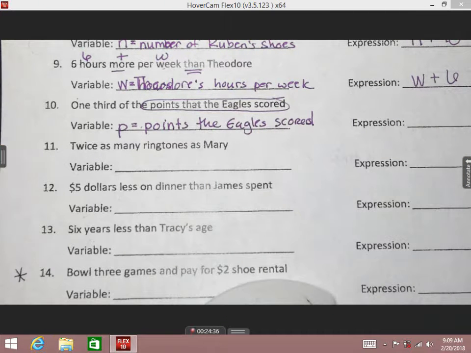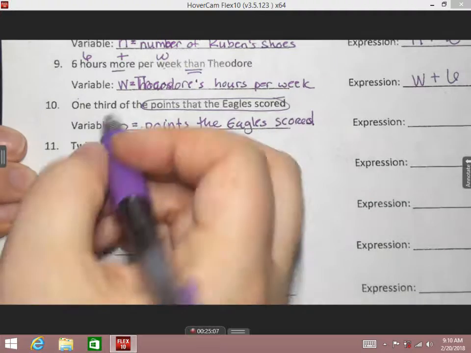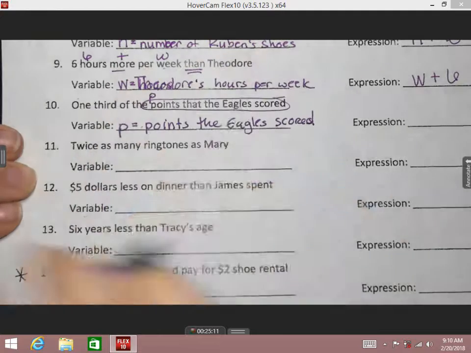Okay. How do I find 1/3 of something? What operation would that be? If you were doing dividing, how would you divide to find 1/3? What would you be dividing by? Division's not our best option here. 1/3 of P, because that's talking about my points.